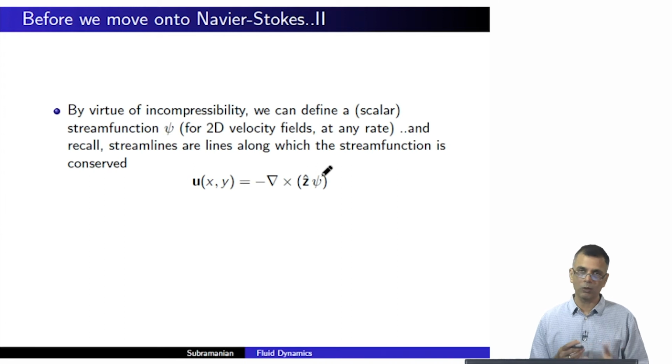And we also saw there are different definitions of a streamline. The physically, intuitively appealing definition of a streamline is one where you are essentially just joining the little velocity vectors together, and you form a streamline.